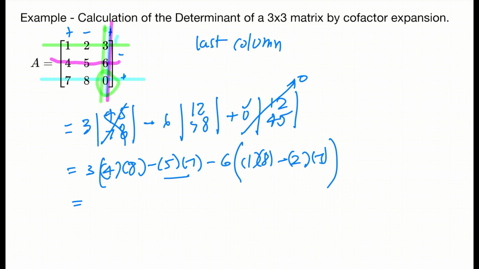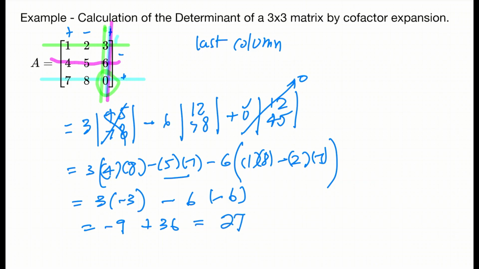So we get a minus 3. So 3 times minus 3 there, minus 6 times 8 minus 14. Let's see, that's going to be a minus 6. So that's a minus 6. So we end up with a minus 9 plus 36, because these two minuses cancel out, and we end up with 27 again. So we did it both ways.